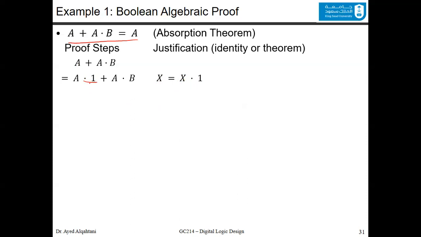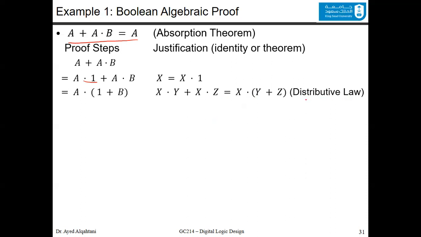We didn't change it, but we will make use of the 1. After that, we will apply the distributive law by taking A as a common factor. So we take the A from here, and we end up with 1 OR B.